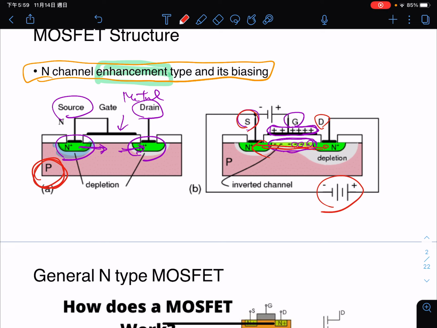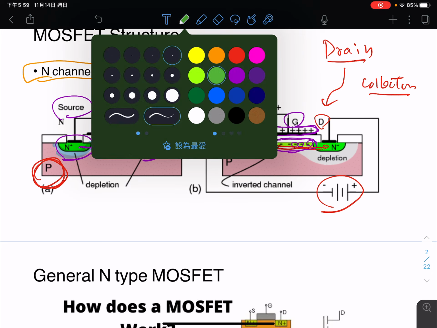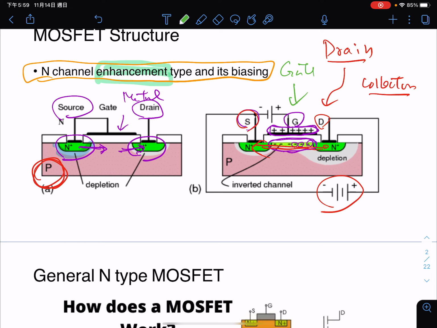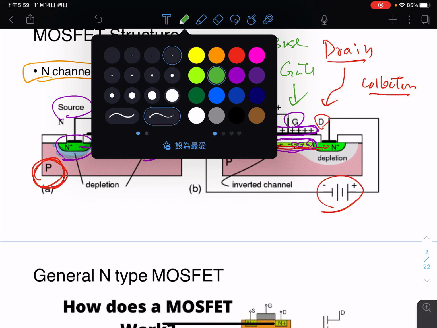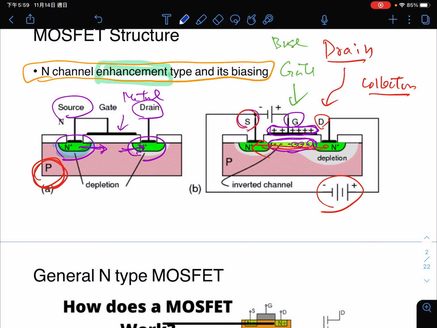Here we say the three terminals of the transistor are called the drain, which you can regard as the collector of the BJT; this is the gate, which we can regard as the base of the BJT; and finally we have the source, which you can regard as the emitter of the BJT.